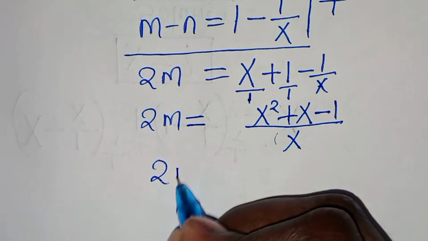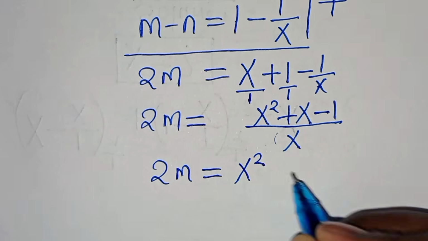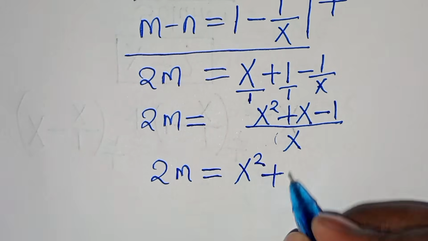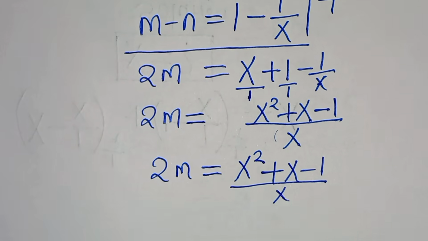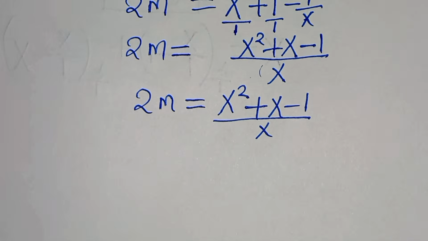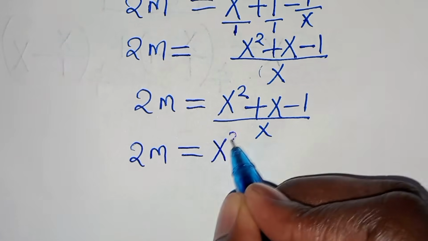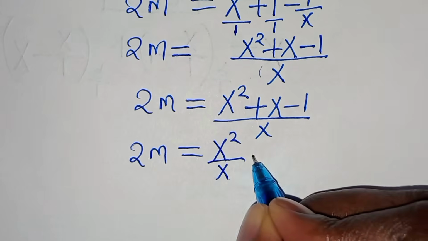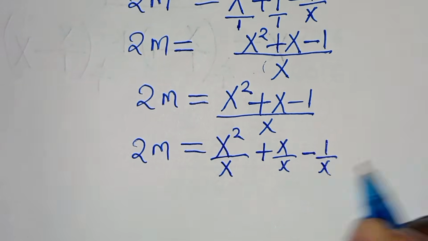So we have 2m equal to (x^2 + x - 1)/x. Now this is 2m equal to x^2/x + x/x - 1/x.